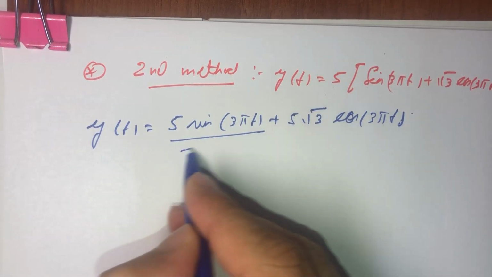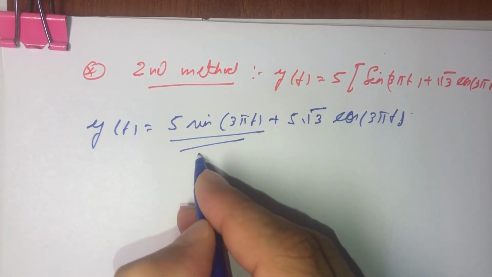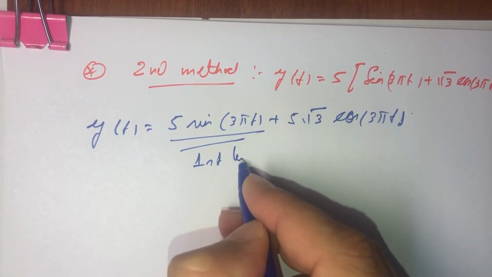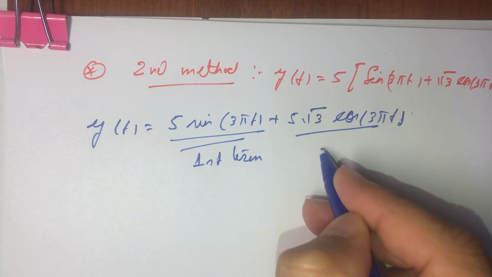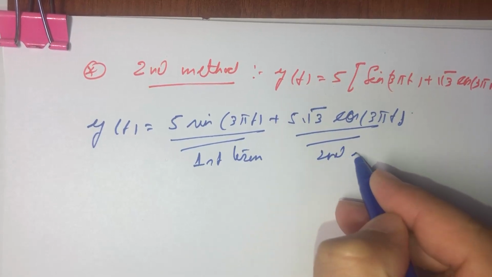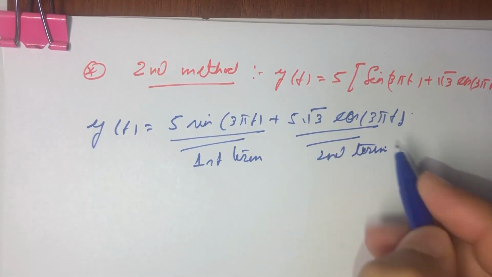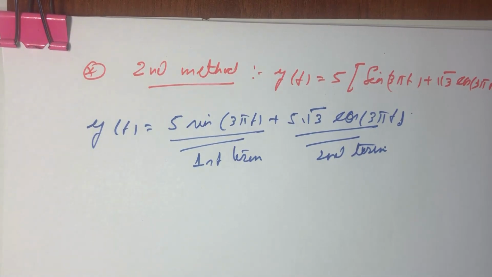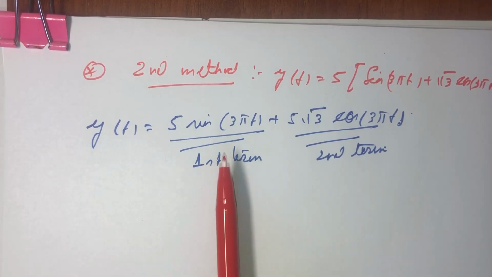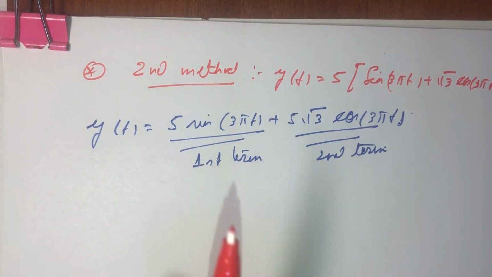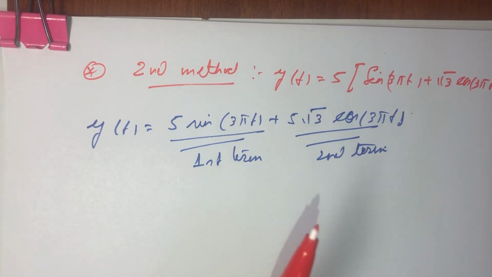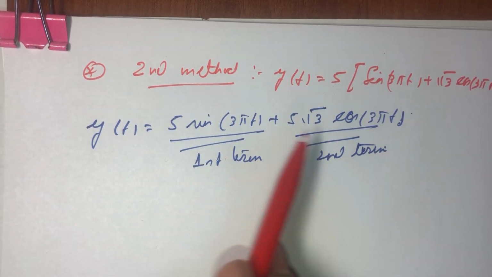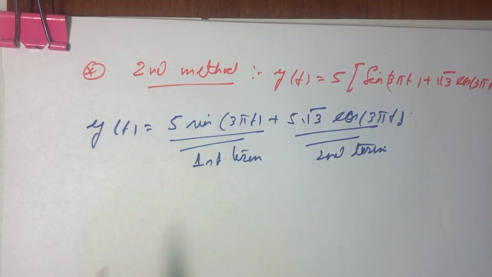So this is our first term and this is our second term. The first and second are the superposition of two SHMs, and the phase difference between the two is π/2.